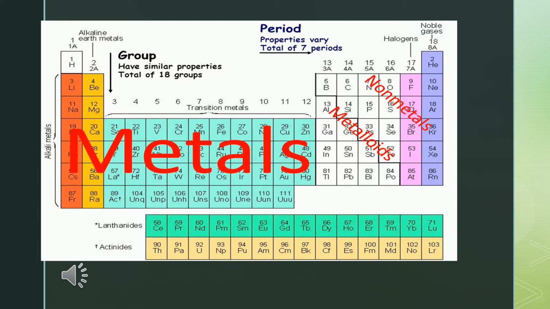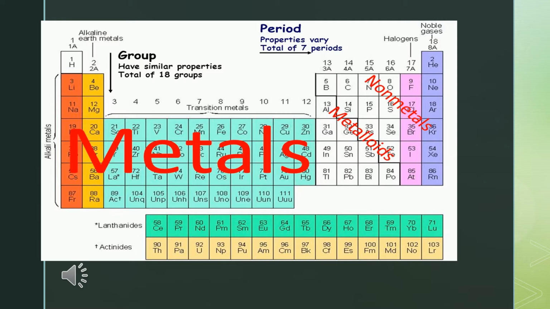Group 1 is called alkali metals and group 2 is called alkaline earth metals, and they usually consist of very reactive metals. In between, the green color shows the presence of the transition metals. These are also metals, they possess the characteristics of metals.